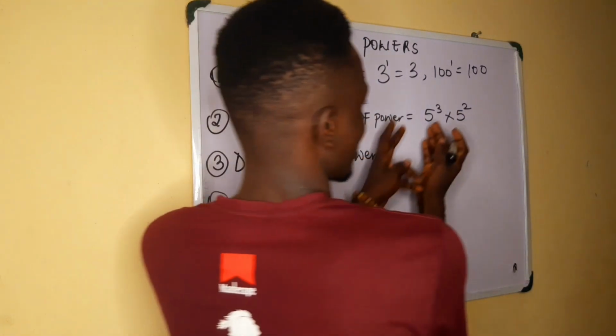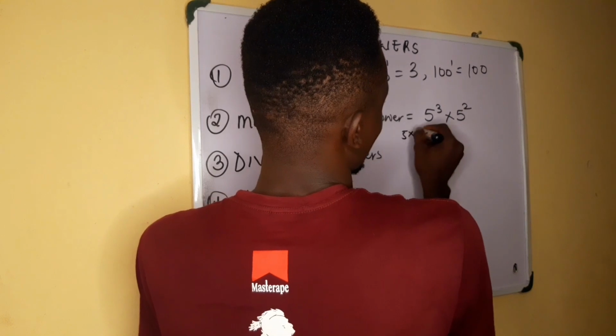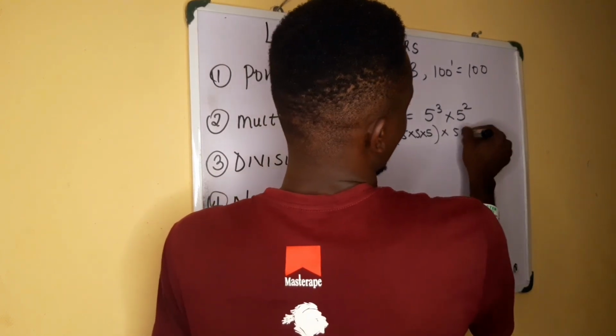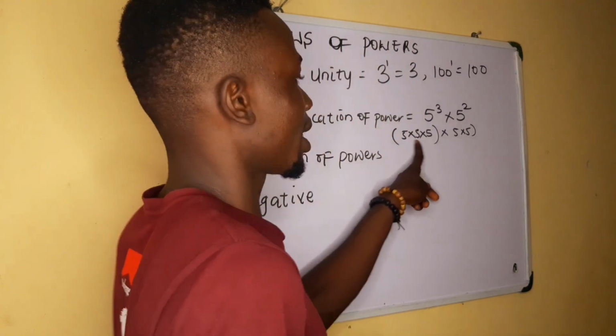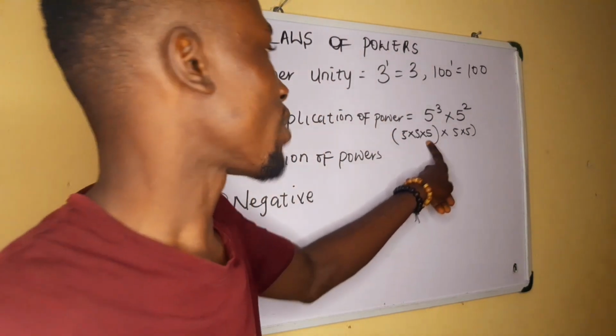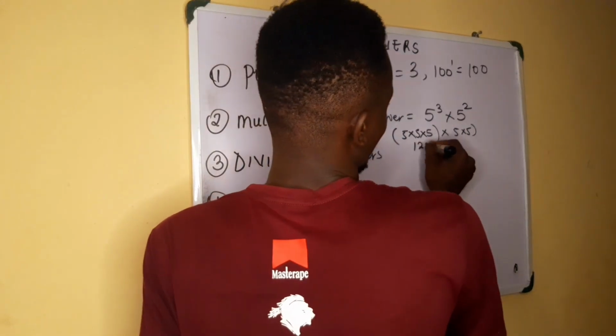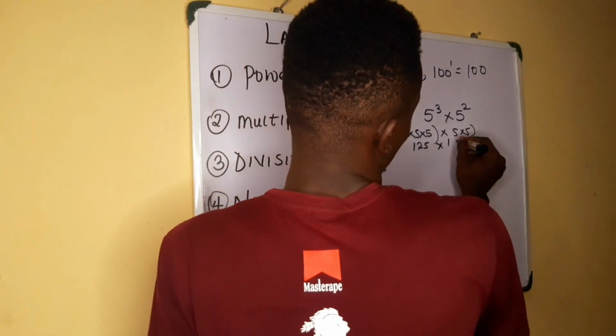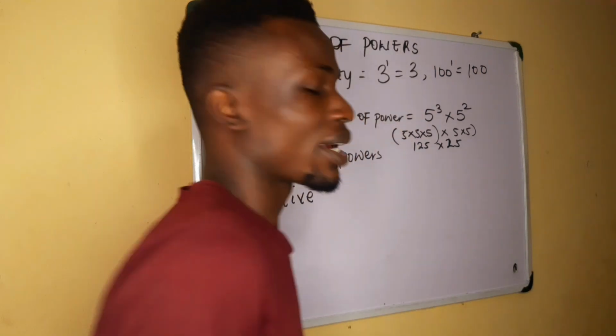Of course, I can decide to break it down to be 5 times 5 times 5, times 5 times 5. And already I know that 5 times 5 is 25, and 25 times 5 is going to give us 125. Then I'll multiply it by 25, because 5 times 5 is 25.